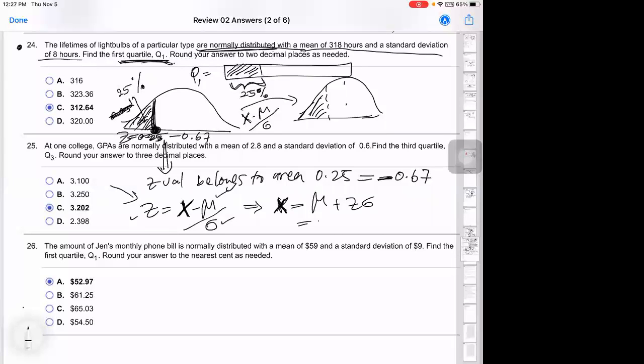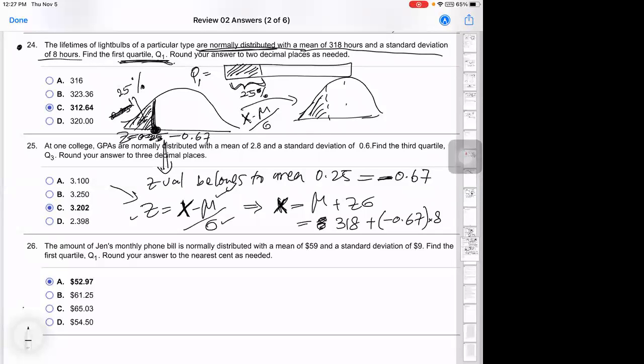So mu is 318, plus the Z value, negative 0.67, times sigma. Sigma is 8.